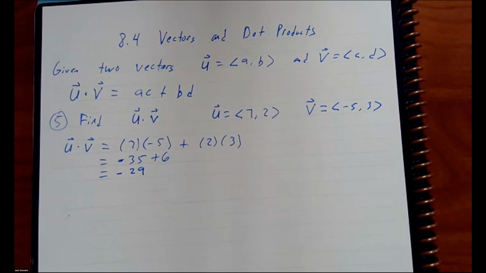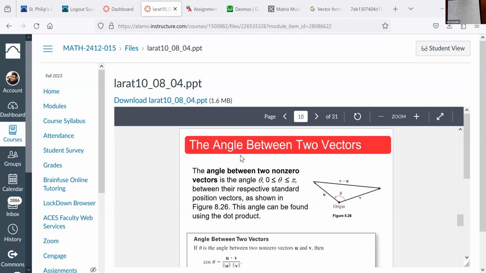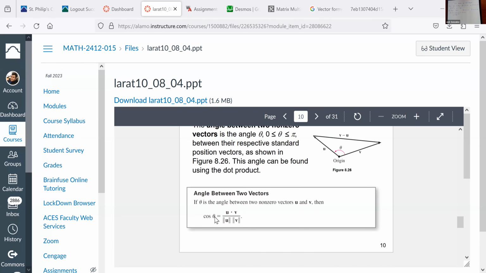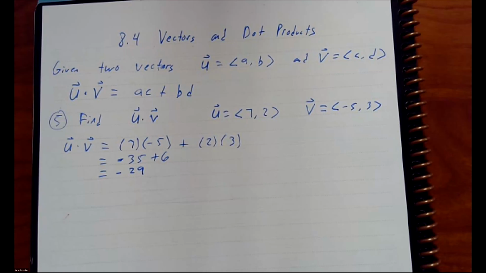So in your notes right here, you can find the angle between two vectors by using the alternate form of the dot product. If I do cosine inverse of both sides, then I'll have theta, right? So that basically creates a new formula.